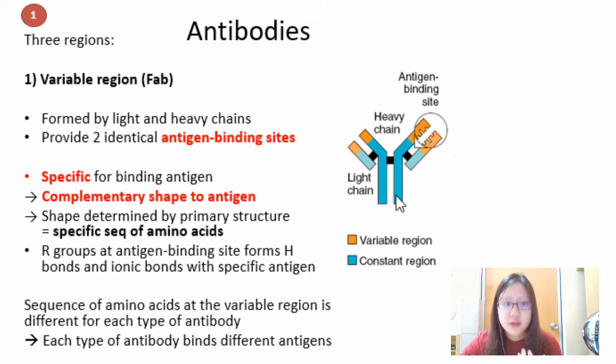So different B cells will have antibodies with a slightly different primary structure, slightly different specific sequence of amino acid at this variable region. So this one differs from different types of B cells.